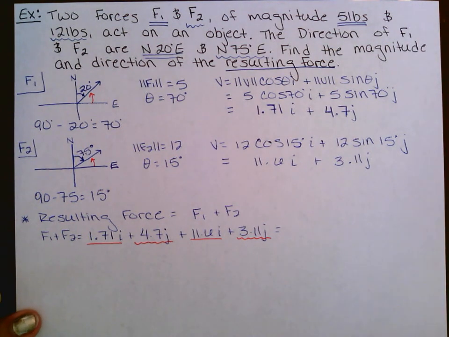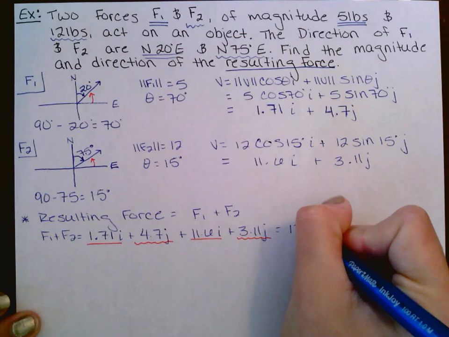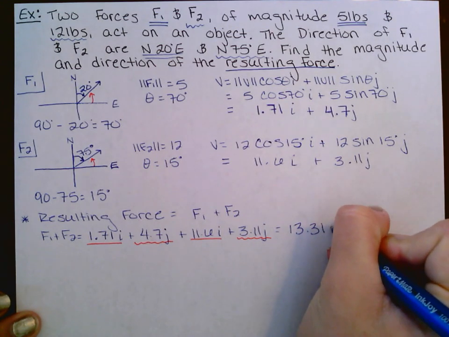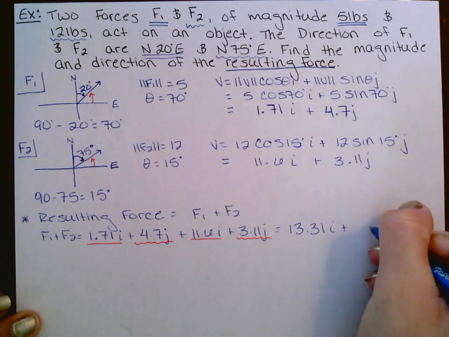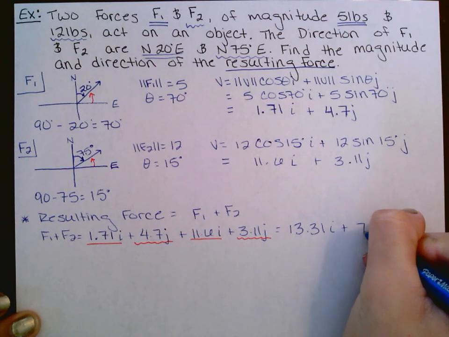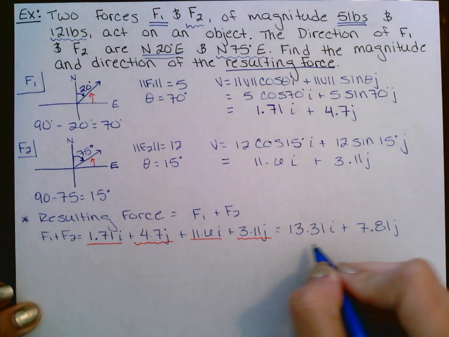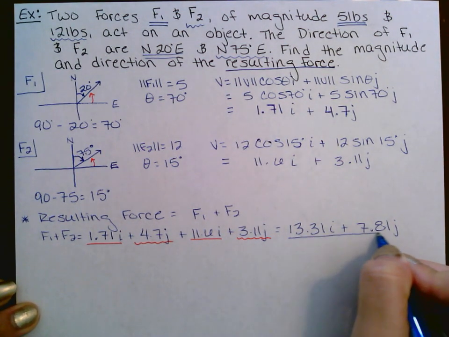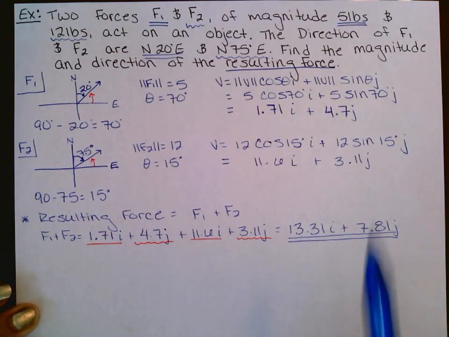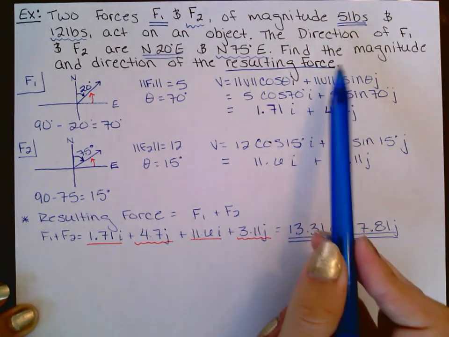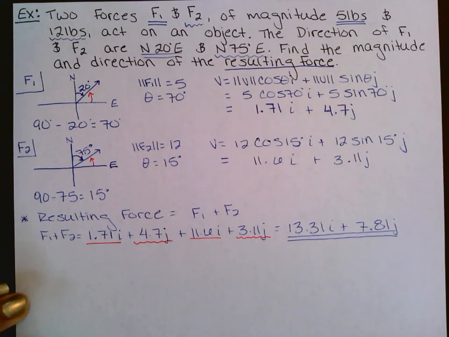So when I add those two i's together, I end up with 13.31i, plus, adding the j's together, 7.81j. Okay, so this right here is my resulting vector. Now, this question said, find the direction and the magnitude of this resulting vector.